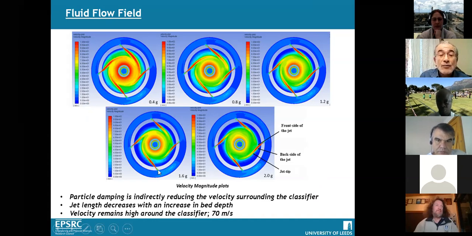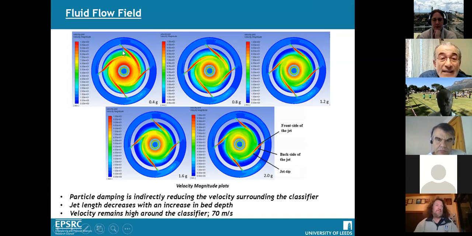So these are the absolute magnitude of the fluid. So particle damping is indirectly reducing the velocity surrounding classifier. So if you compare the velocity here and there, you see that the introduction of 2 gram material there has dampened the fluid velocity significantly.